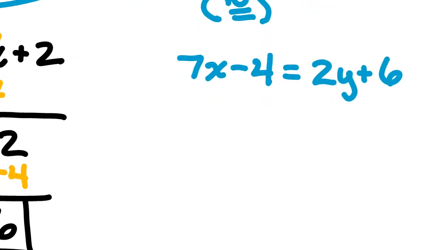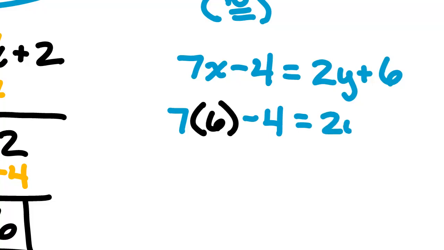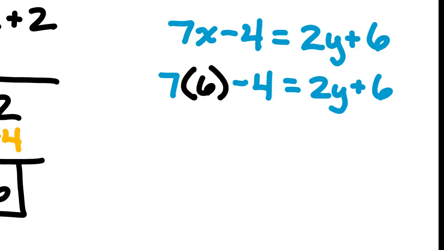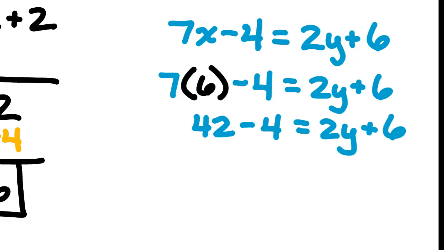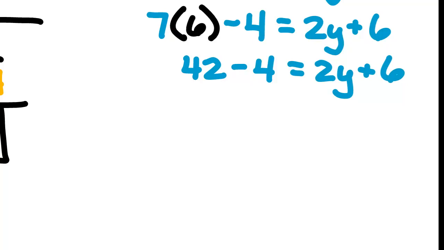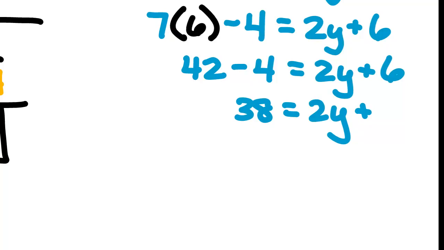And we solved for x already. We got that x was 6. So I have 7 times 6 minus 4 equals 2y plus 6. What is 7 times 6? 42. 42 minus 4 equals 2y plus 6. 42 minus 4? 38 equals 2y plus 6.